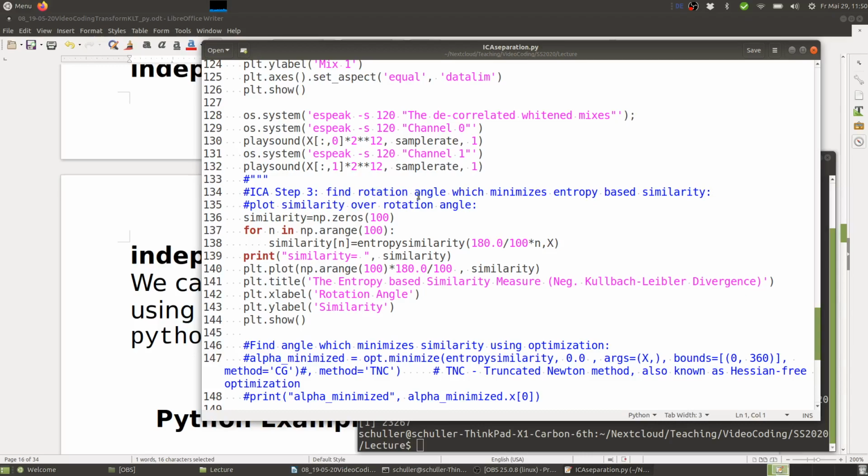And now we find a rotation angle which minimizes the similarity, the mutual entropy.